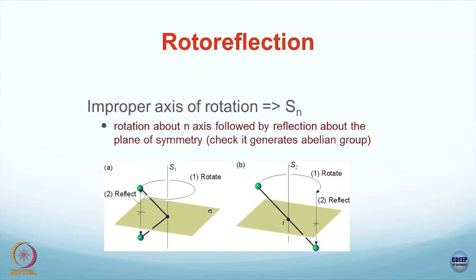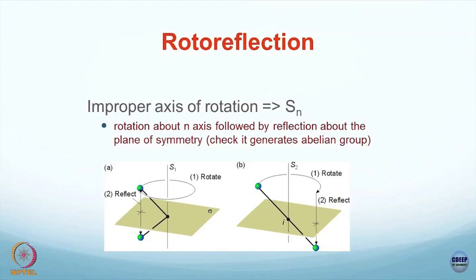The plane of symmetry is perpendicular to the axis of rotation. What is that plane called? Sigma h. If this is the axis of rotation, the plane perpendicular to the axis of rotation we call a sigma h plane.